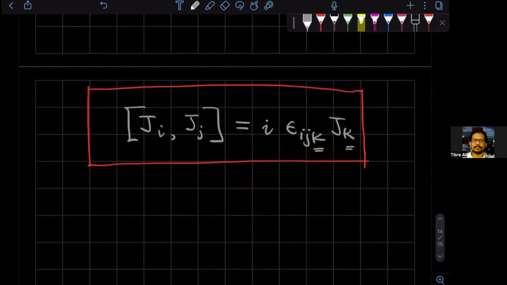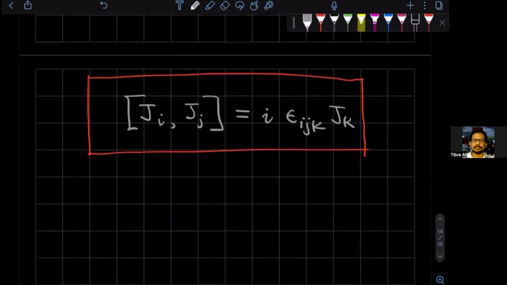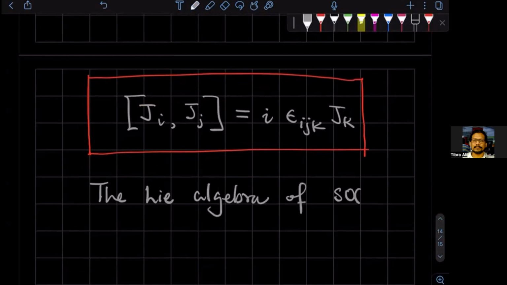Although, well, in this case, there is no sum because if you choose i and j to be different, because otherwise it's going to be 0, then the value of k is fixed to be 3. Okay, so this equation is called the Lie algebra of SO3.